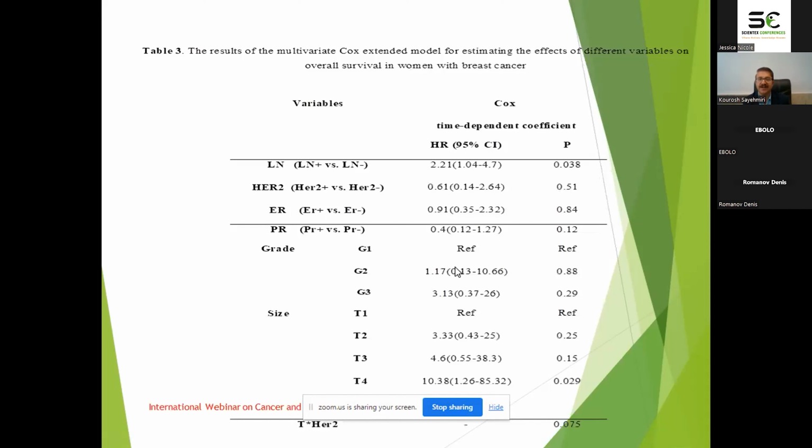I use another method, time-dependent coefficients. In the survival data, we have two types of variables: fixed variables and time-dependent variables. Some variables, such as sex and race, don't change during follow-up.